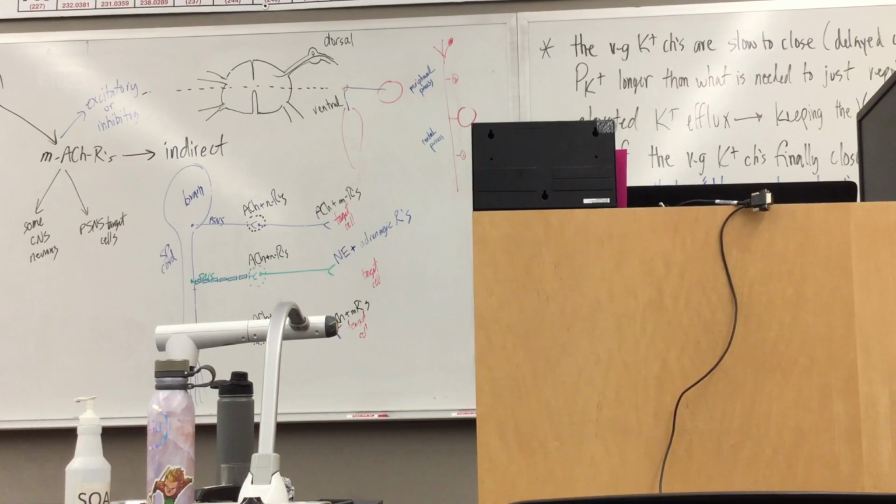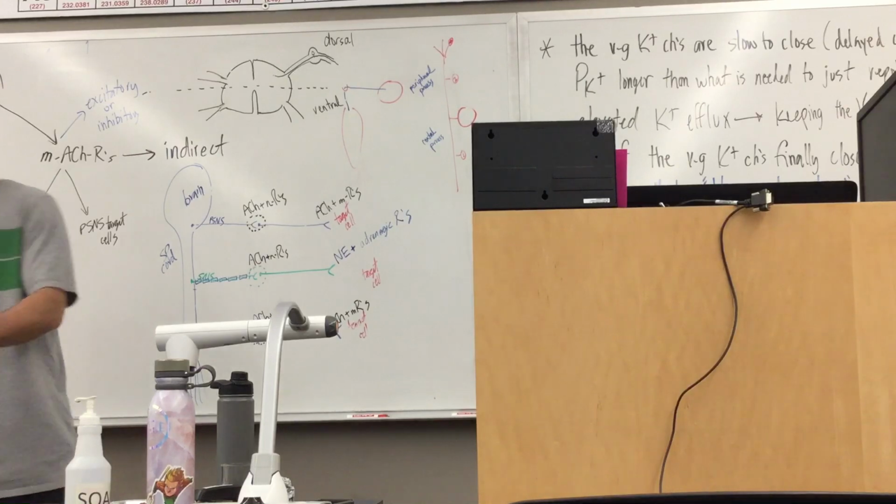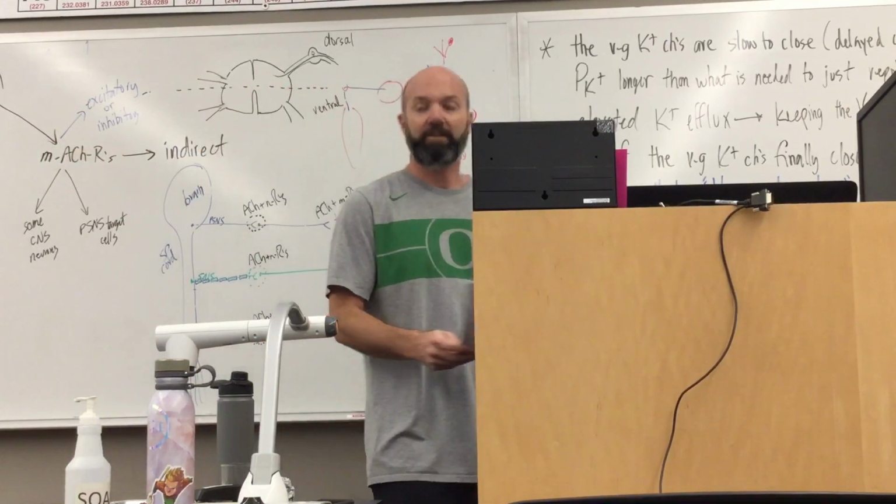Mop up excess potassium from outside the nerve. Potassium. Yeah, but I was thinking the same thing. Oh, you're thinking like mop up debris? Yeah. No. Okay. So good thing we clarified that.